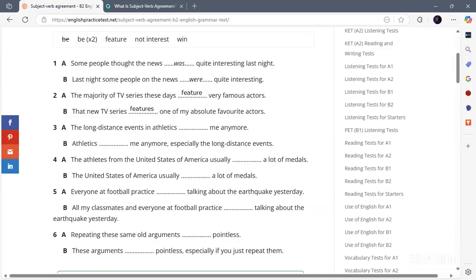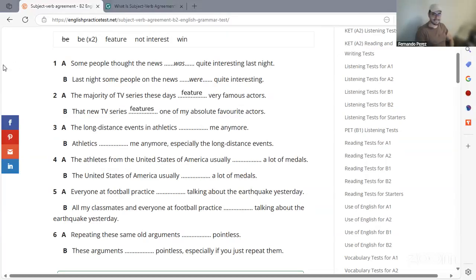The long distance events in athletics doesn't... Yes, doesn't interest me anymore. Excellent. Doesn't interest. That is correct. I wanted to see if you fell in my trap when I told you don't, but you did a good job.